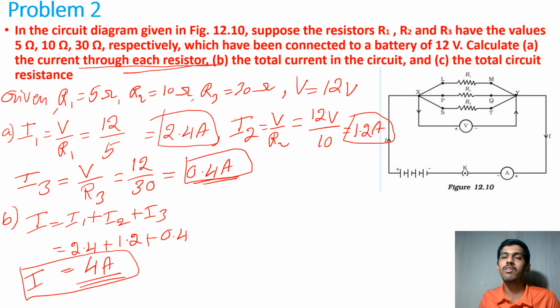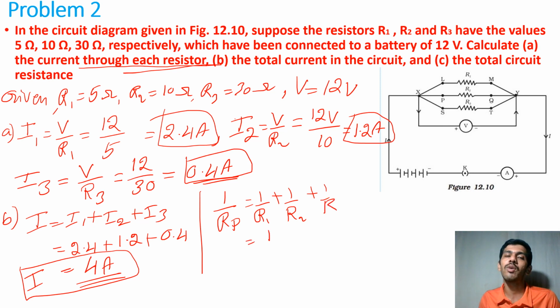That is the question number B. Then what is the question number C? The total circuit resistance is asked. How to find out the total circuit resistance? The formula for the total circuit resistance is given by 1 by Rp. It is parallel combination. 1 by Rp equal to 1 by R1 plus 1 by R2 plus 1 by R3, which can be written as 1 by 5 plus 1 by 10 plus 1 by 30.